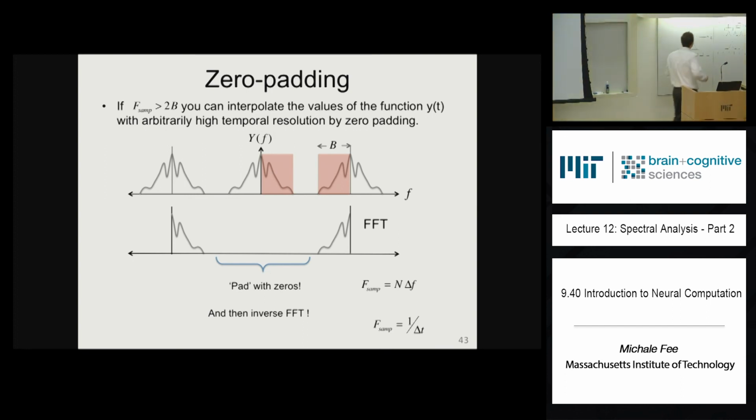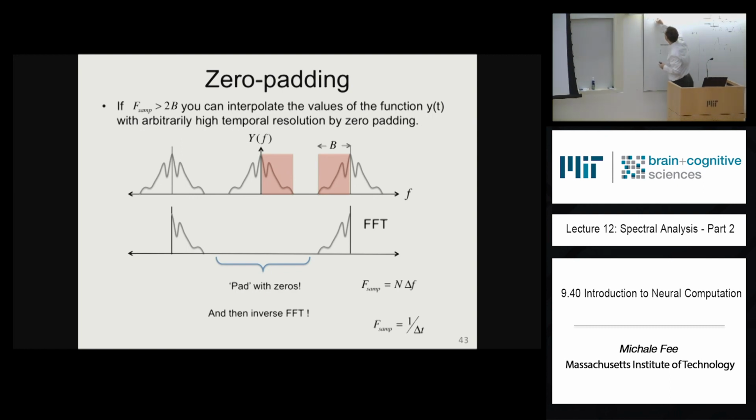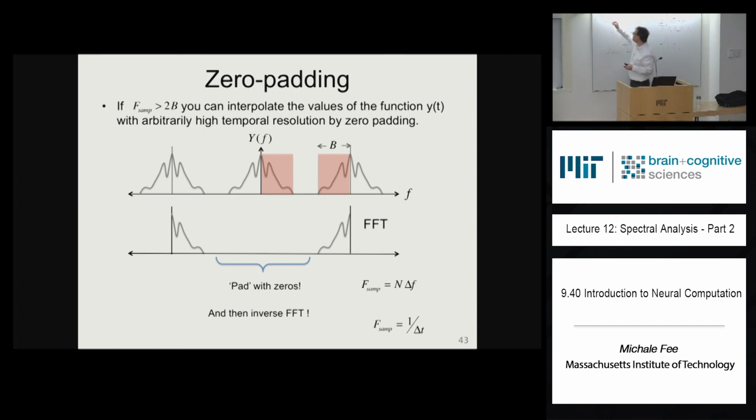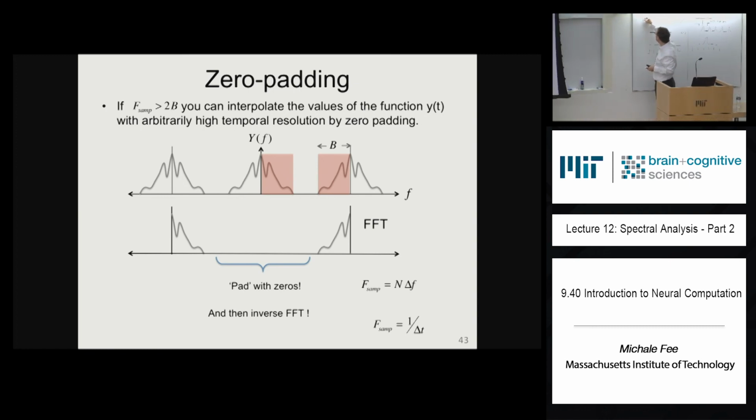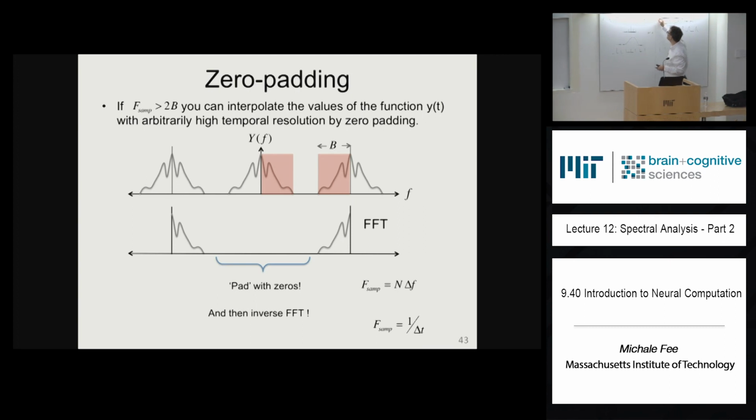Let me give you an example of aliasing. Let's say I had this signal like this, and I sample it here, here, here, here, here, here. Sorry, I need to do irregular intervals.